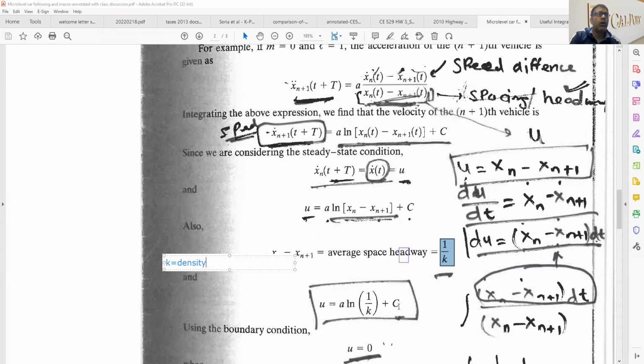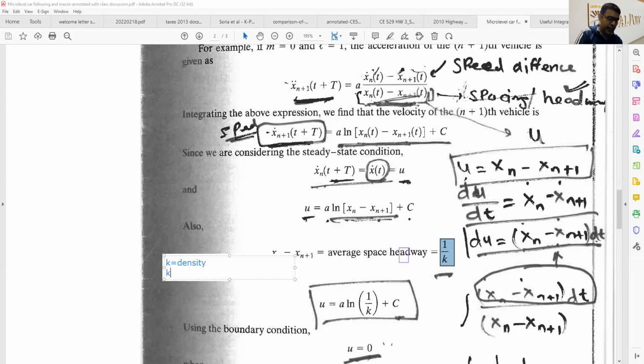Okay. Now, we still want to figure out this capital C, and this is what we usually do using what we call the boundary condition. And the boundary condition for us would be, when does the speed of the traffic stream become 0? We define that condition where K becomes equal to jam density.